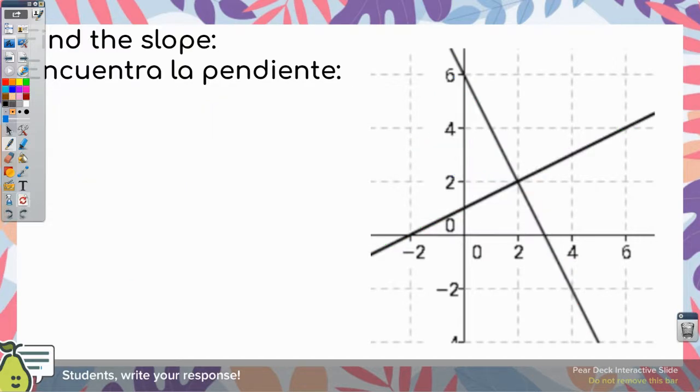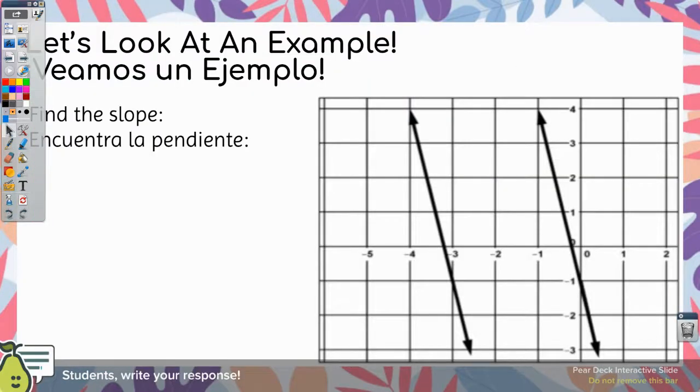Now, parallel is easier. You find one slope, you find both. So you pick one. Pick this one here. 2 easy points. Draw my triangle. And if I count, my rise is 1, 2, 3, 4, 5.